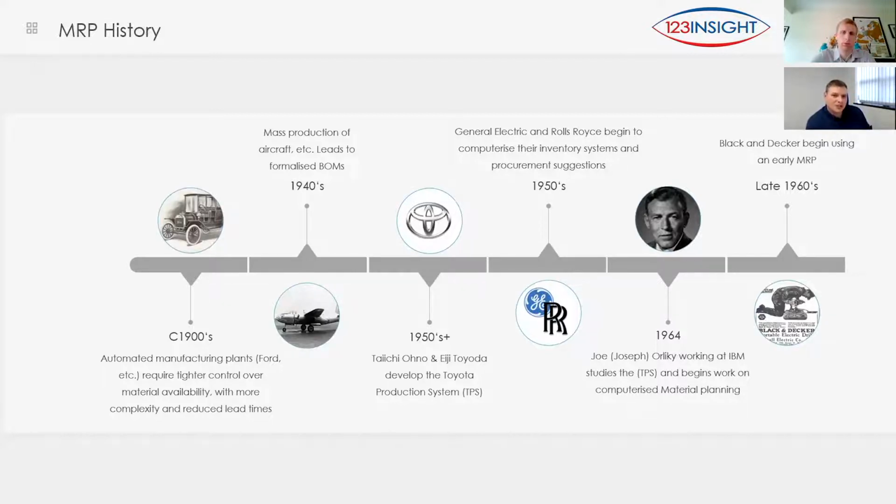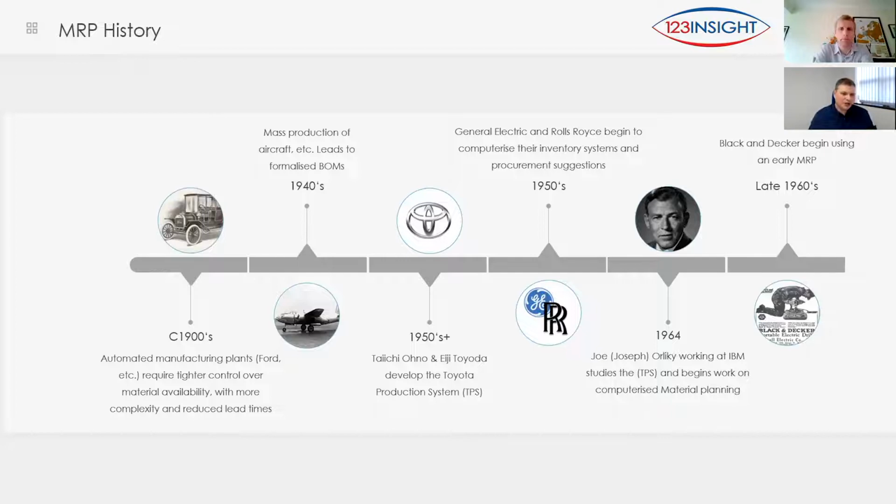They set in place something called the Toyota Production System. Any of you that have studied lean manufacturing will have come across the TPS, the Toyota Production System. But it's really from that we have this big push on efficiency, this big push at doing things in a much smarter way, a more efficient way, and a reduction of waste.